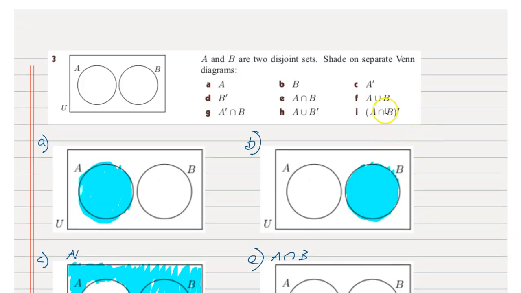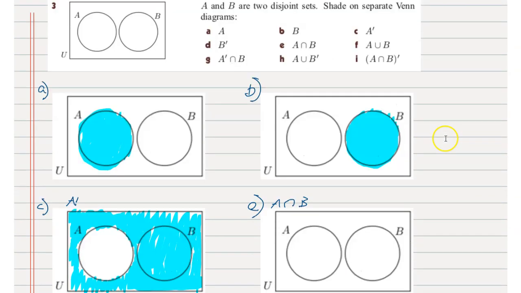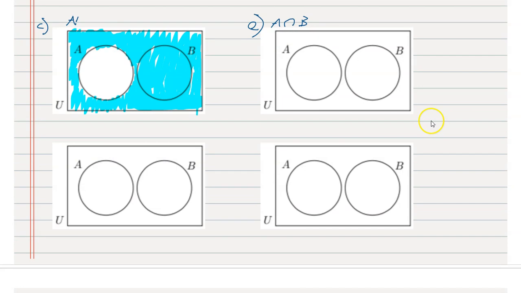Now, what about the union of A and B? Well, the union of A and B is asking for the contents of A and the contents of B. So grabbing my highlighter, I'm going to shade A, and I'm also going to shade B, as such.